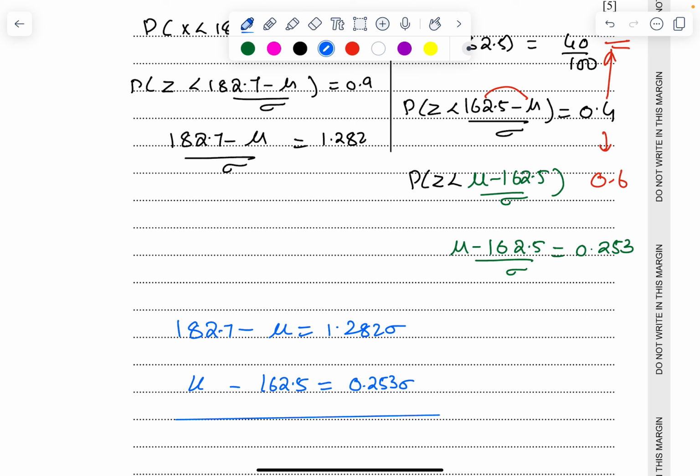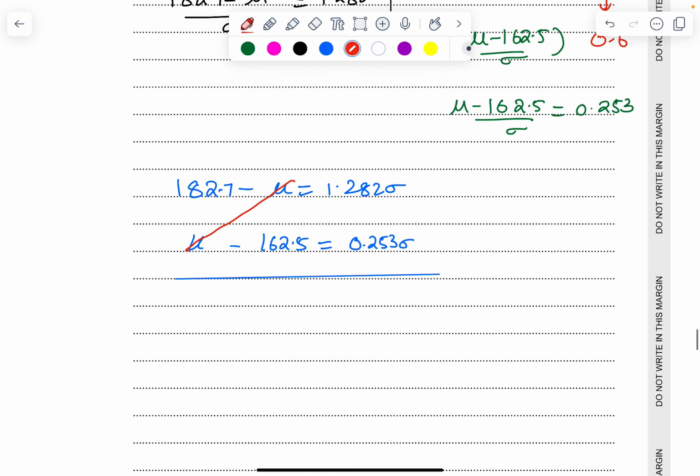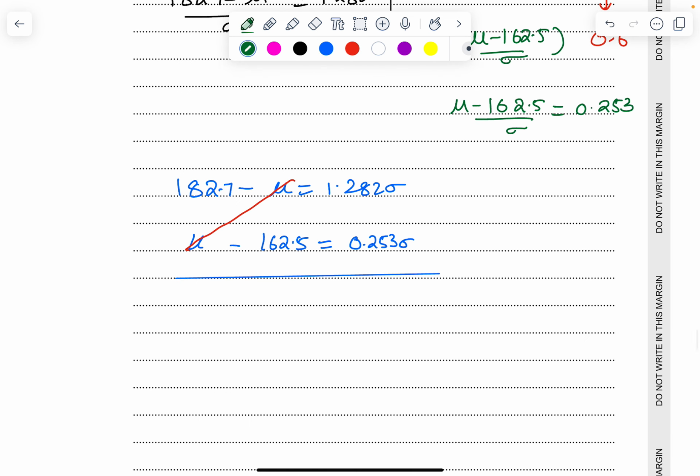Then add these two equations. Mu and mu cancel. So this becomes 20.2 equals 1.282 sigma plus 0.253 sigma. This gives me the sigma value as 13.2.